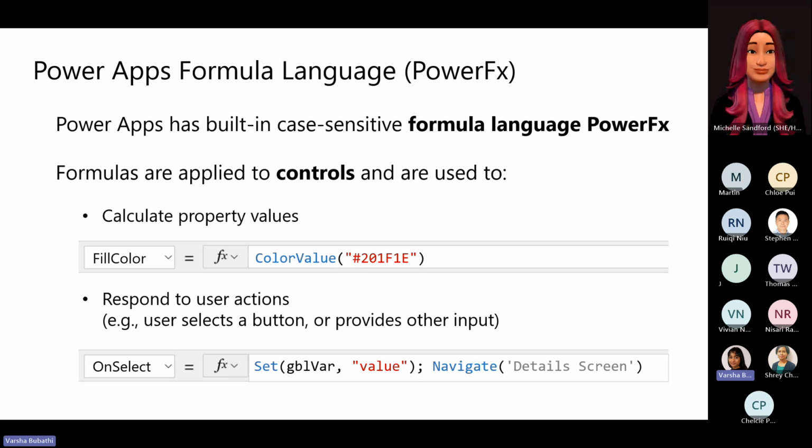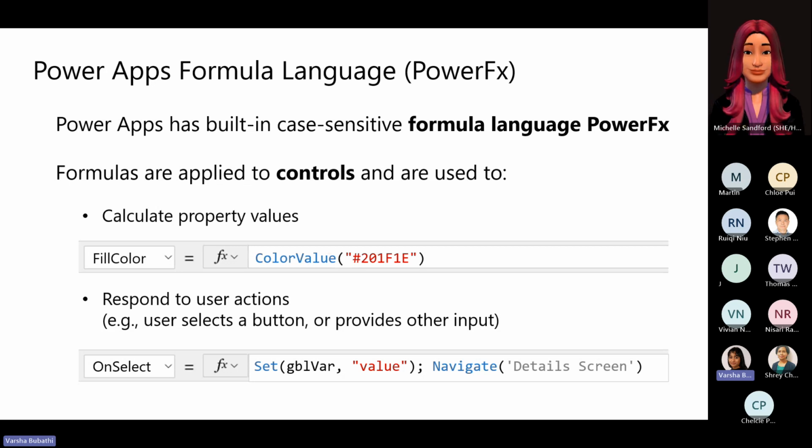In the second example, there are two functions here, and we've chained them together using the semicolon. The first one is using the function Set, and we're naming a variable called globalVariable and assigning it the value, just Value.